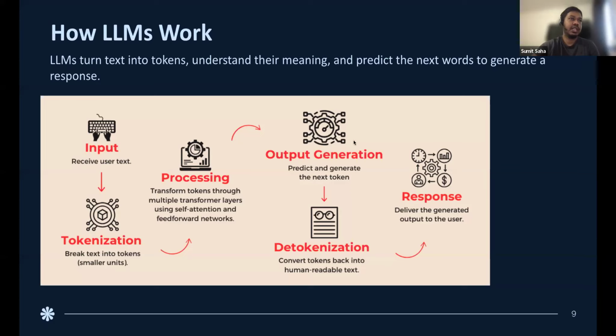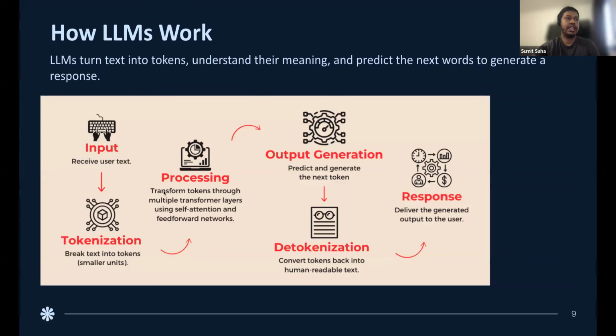In this diagram, the user types some input text. The text goes through tokenization: it is broken into small chunks, and every chunk is embedded and given a number. We'll discuss that later. This is called tokenization.